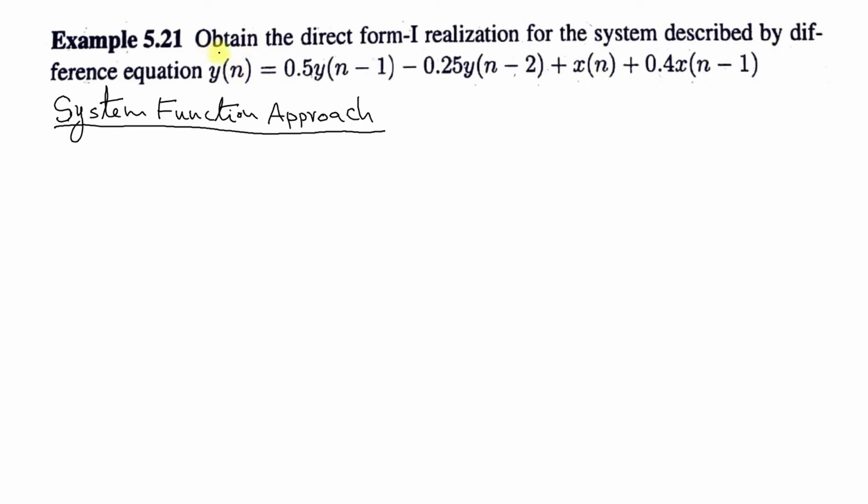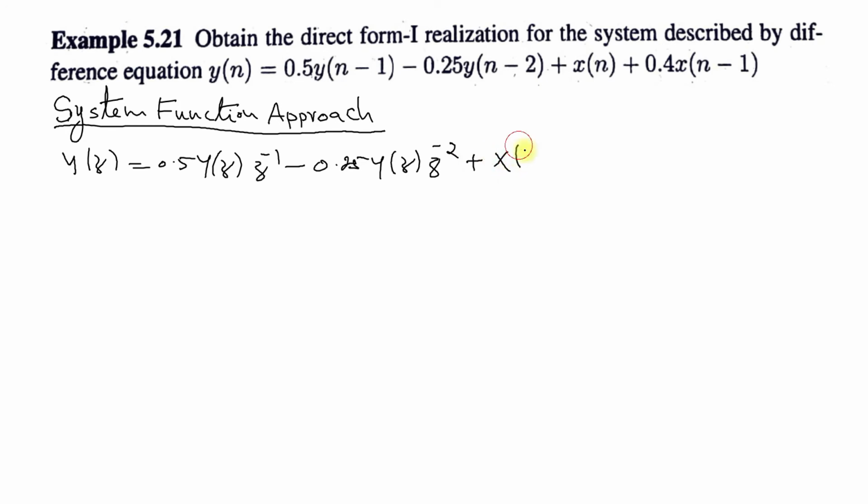Let us solve the same difference equation using the system function approach. For that, first you have to take the Z transform on both sides of the equation, so that Y(z) equals 0.5 Y(z) z raised to minus 1 minus 0.25 Y(z) z raised to minus 2 plus X(z) plus 0.4 X(z) z raised to minus 1.